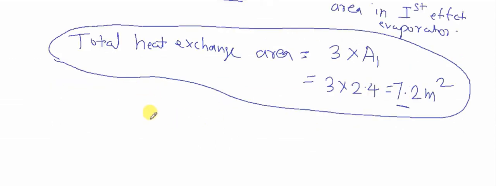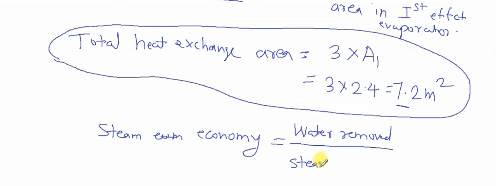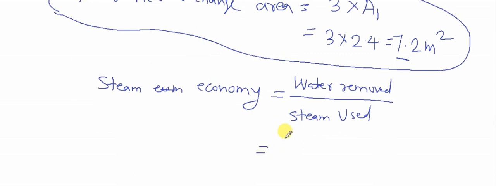And now we can calculate other quantities also, that is the steam economy. Now the steam economy is equal to total water evaporated, that is water removed, upon steam used. The water evaporated is 333, steam used is 115.